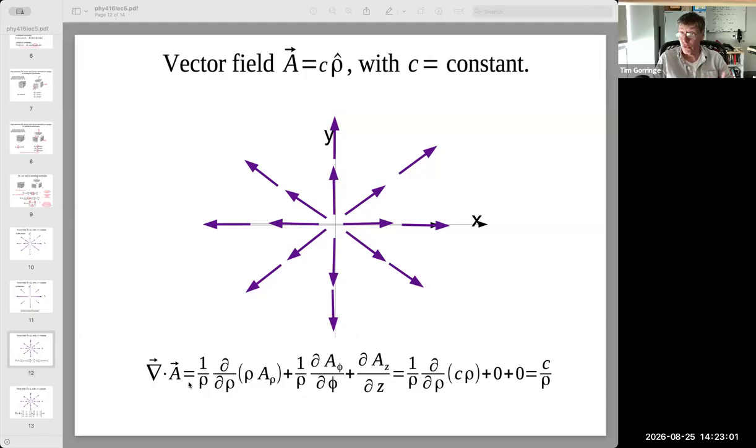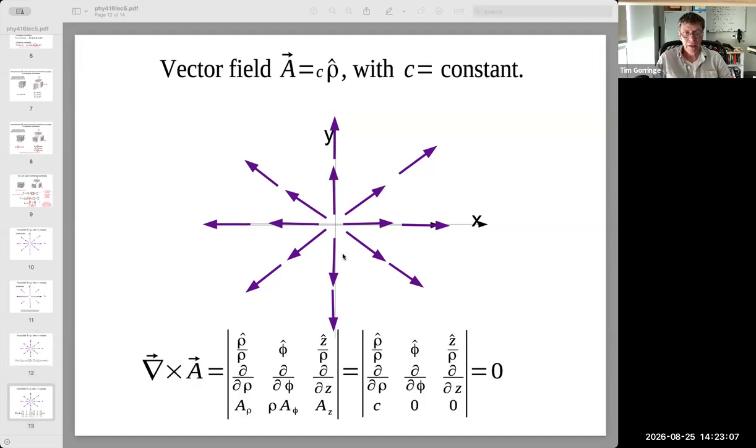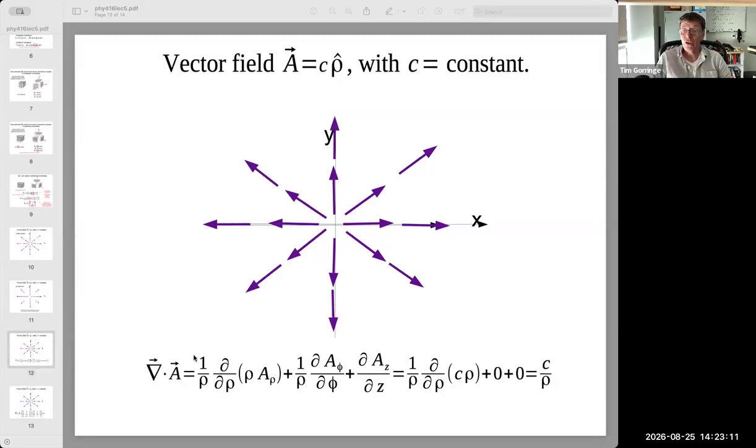This is the divergence calculated for this vector field, and this next slide will be the curl calculated for this vector field using those formulas that I introduced for divergence and curl explicitly in the language of cylindrical coordinates.